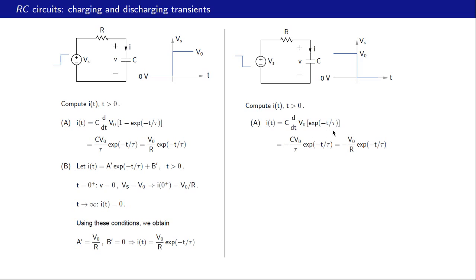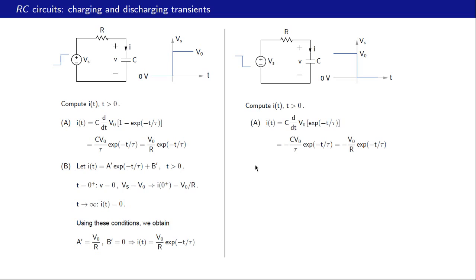That is V of t as we obtained in the last slide. When we differentiate this quantity, we get minus C V0 by tau times e raised to minus t by tau, and since tau is equal to RC, we get minus V0 over R e raised to minus t by tau.